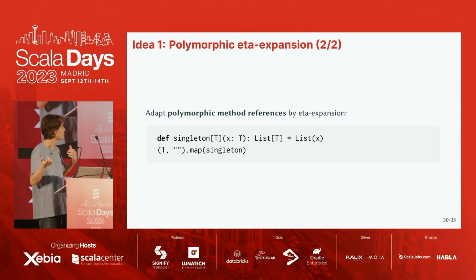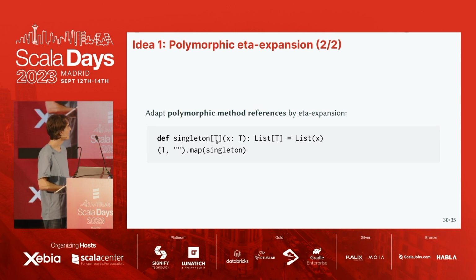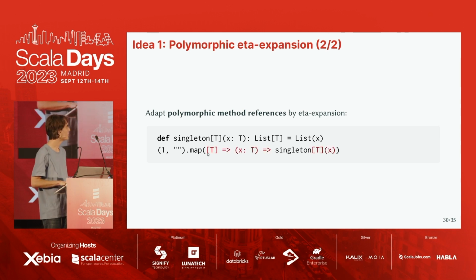So the idea of SIP 49 is to take this concept of data expansion and generalize it for polymorphic functions and polymorphic methods. Here I have, again, a method that wraps a value inside a list, and I want to be able to take this method and use it as a method reference and pass it to map without having to manually add all this stuff around it.